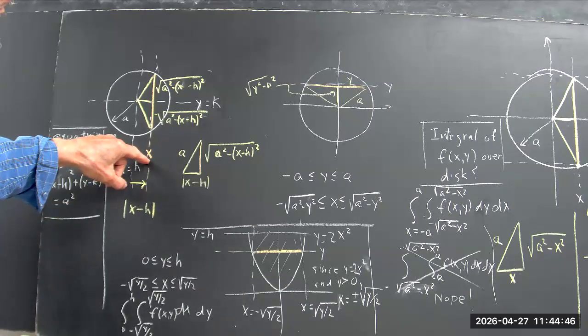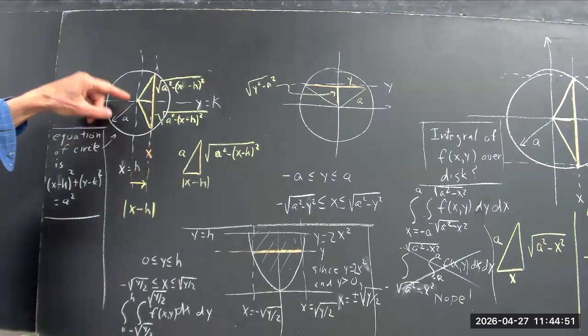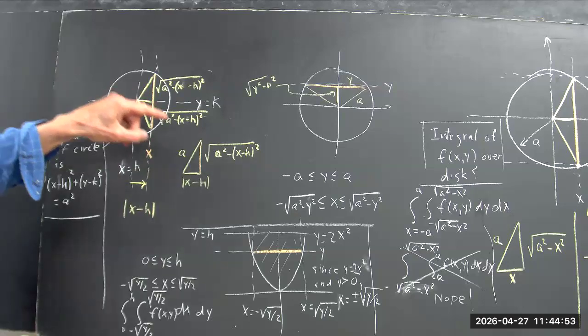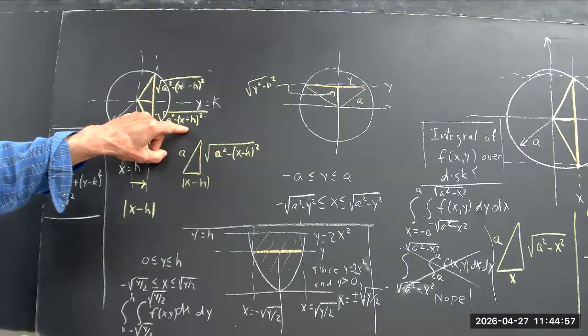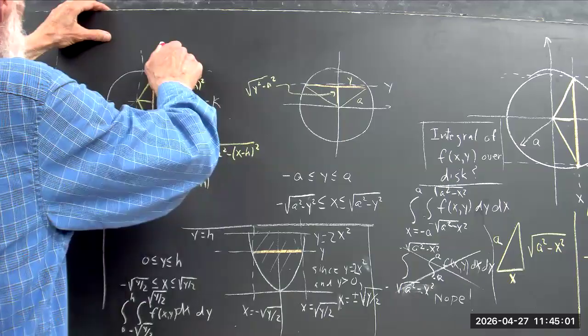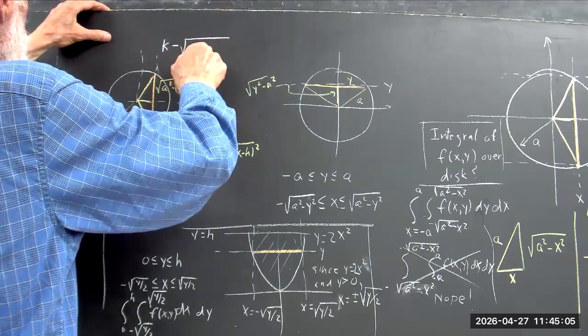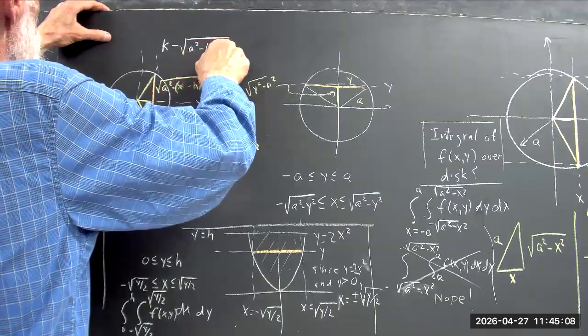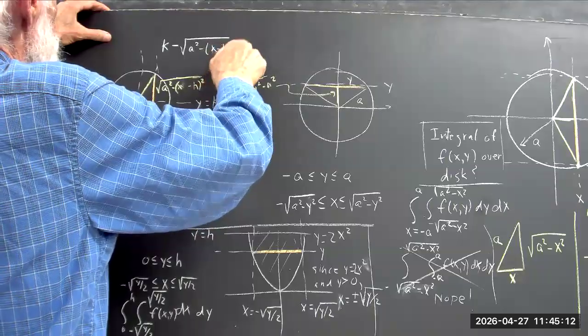Okay, given x, limits on y are what? Well, y equals k at the center. And then we're square root of a squared minus quantity x minus h squared units below that. So, x minus h, not h minus x.